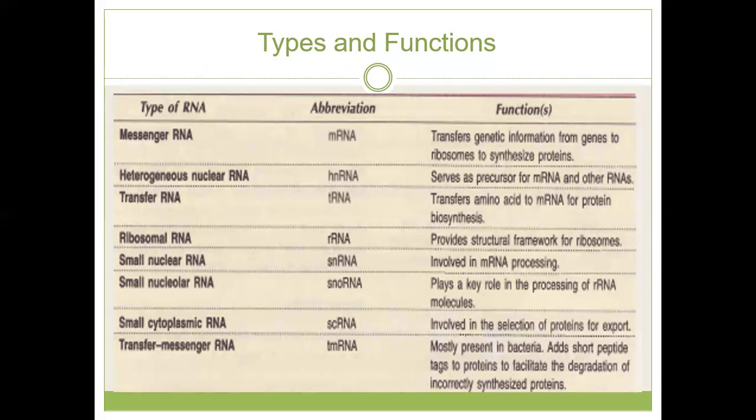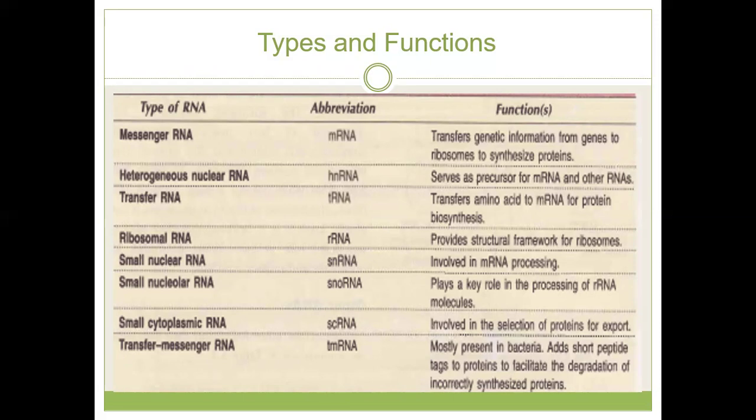And most of that information in the DNA is used either to produce a protein or sometimes to produce the RNAs, because the RNAs are many. So if the information needed, for example, is to produce a protein, this information will be copied into RNA, and that RNA is called the messenger RNA.